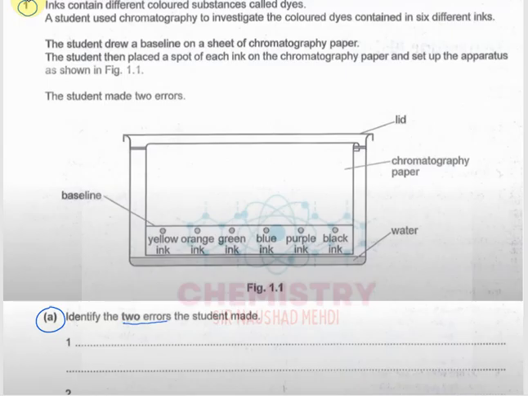If you carefully look at this diagram, you can see different samples of ink: yellow, orange, green, blue, purple, and black. All these samples are placed below the baseline, and we all know that on chromatography paper, whenever we draw the baseline, the sample should be placed in the center and above the baseline.